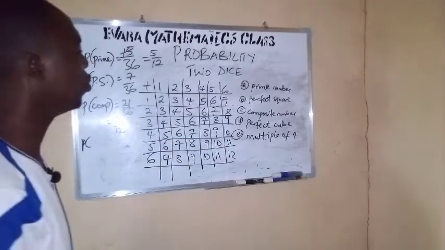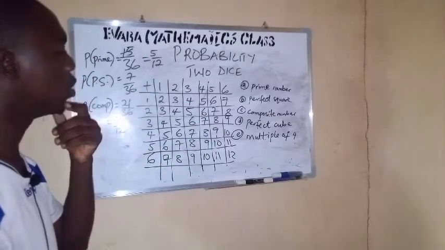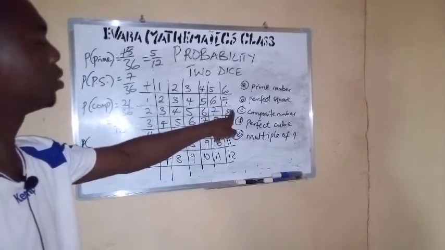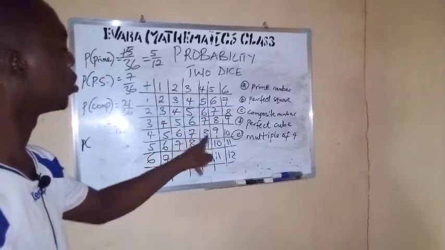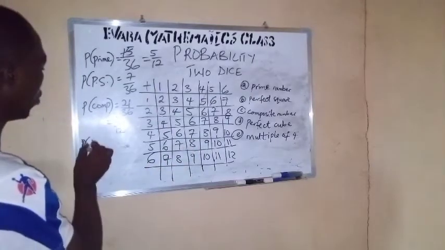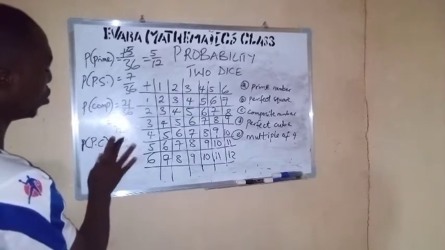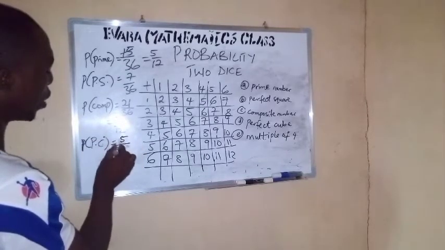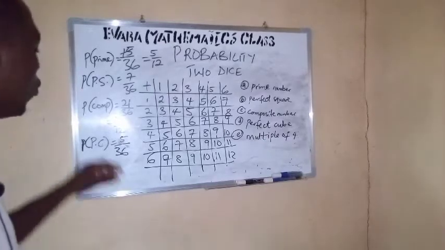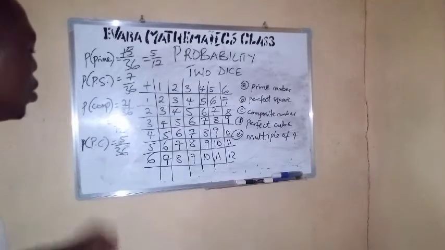So the only perfect cube in this table is 8. We only look out for where we have 8: 1, 2, 3, 4, and 5. So the probability of a perfect cube is 5/36. We leave 5/36 like that because 5 and 36 don't have a common factor.